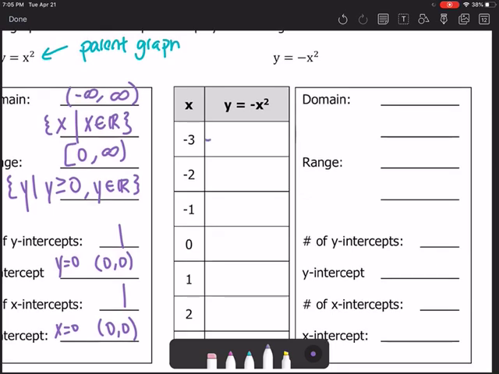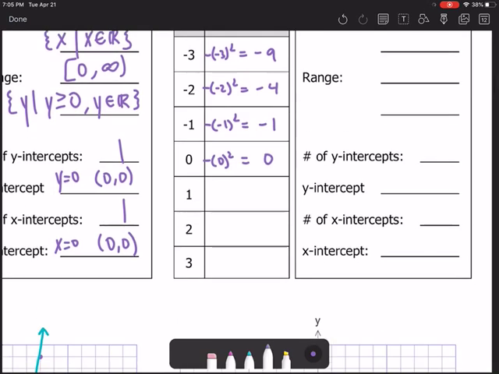So we have negative 3 squared, which would give us negative 9. Negative 2 squared gives us negative 4. Negative 1 squared gives us negative 1. 0 squared is 0. 1 squared, which is negative 1. 2 squared, which is negative 4.